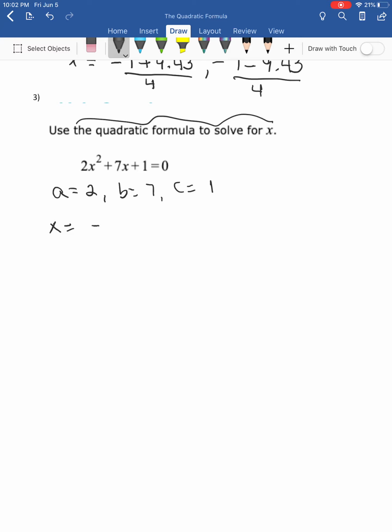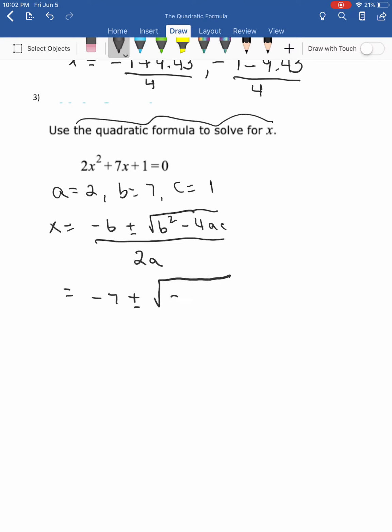So x equals negative b plus or minus the square root of b squared minus 4ac over 2a. That's negative 7 plus or minus the square root of 7 squared minus 4 times 2 times 1, over 2 times 2.